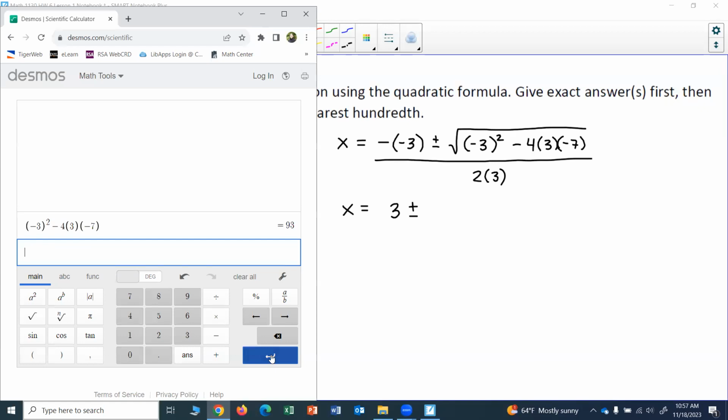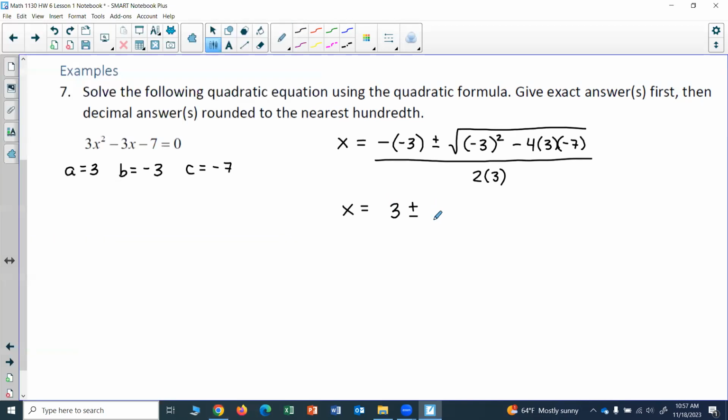And I get a 93. So I'll have 3 plus or minus the square root of 93, all divided by 2 times 3, so all divided by 6.